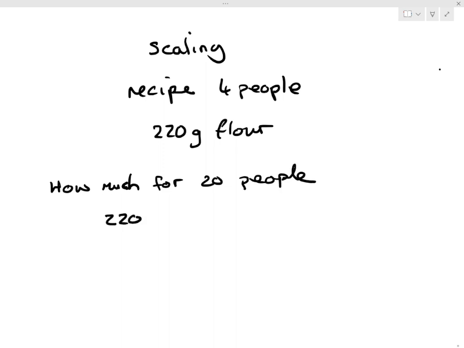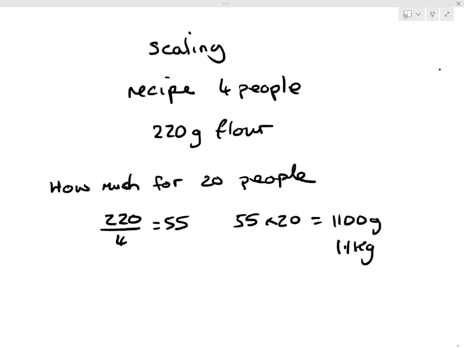So do 220 divided by 4, which is 55. And then do 55 times 20 is 1100 grams. And it might say put your answer in kilograms, so it's 1.1 kilograms.